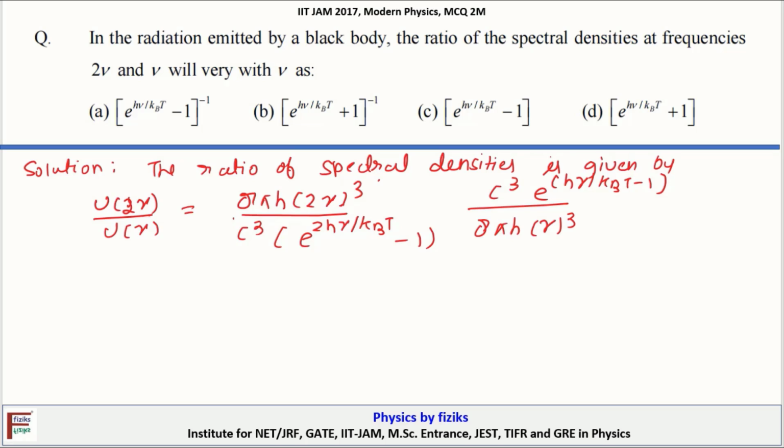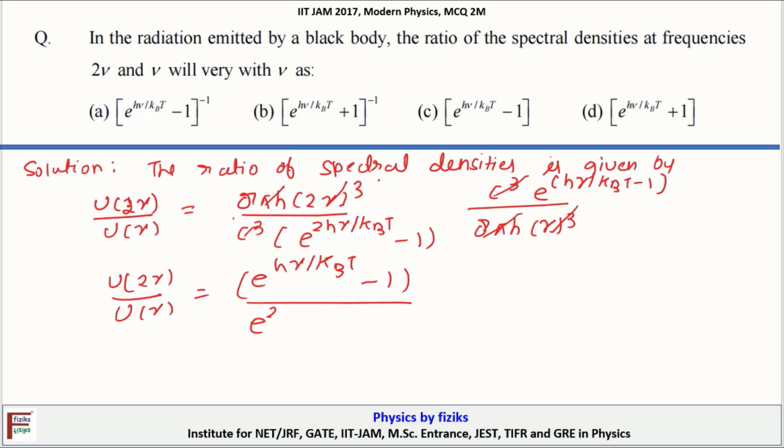So we can check it out. The nu cube would cancel. So the dependence on frequency would be like (e to the power h nu by kBT minus 1) divided by (e to the power 2 h nu by kBT minus 1).